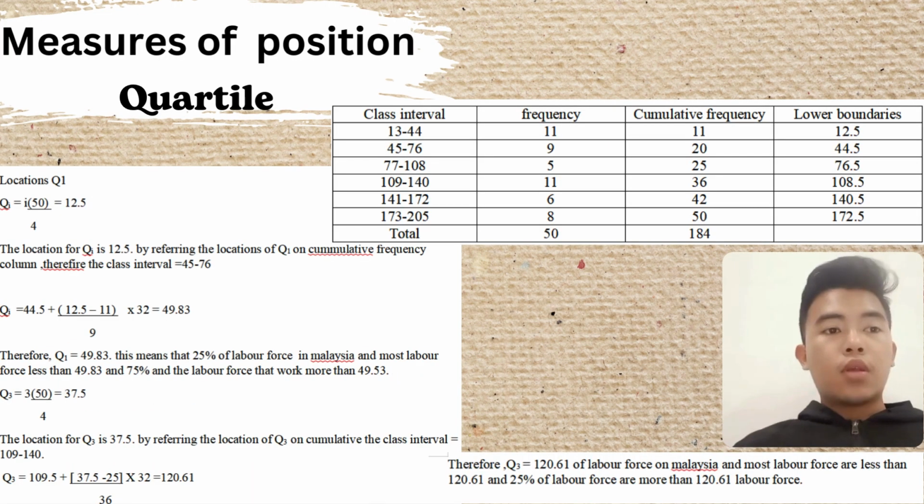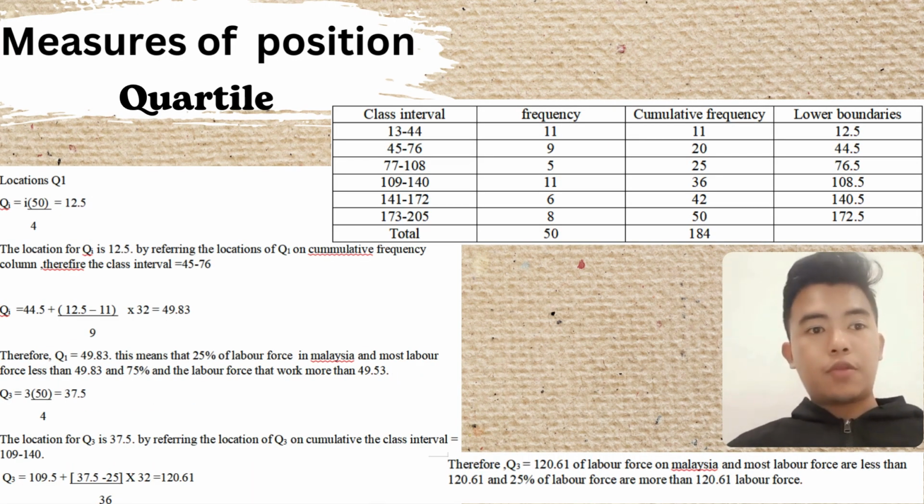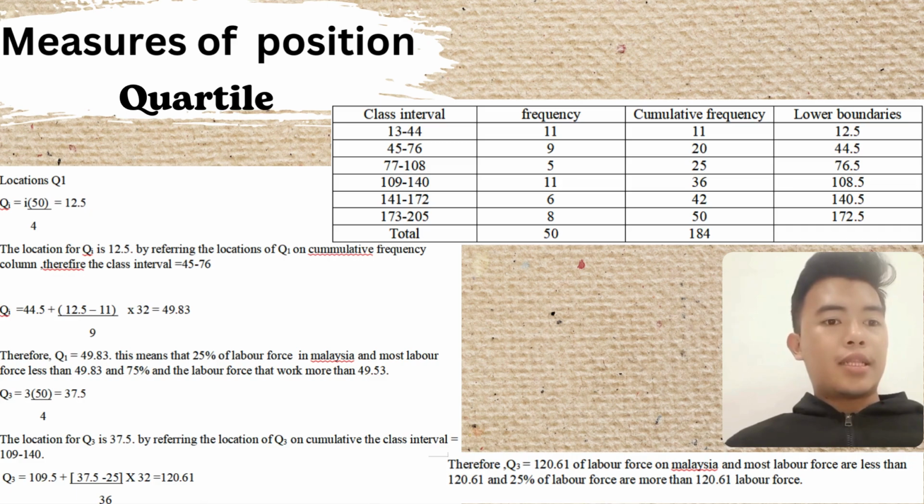Okay, as for the measure of position, we can see here the table for class, frequency, cumulative frequency, and lower boundaries.